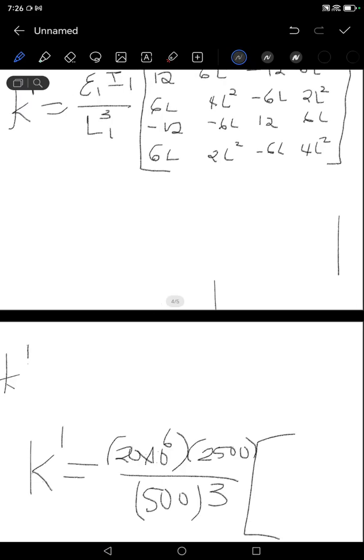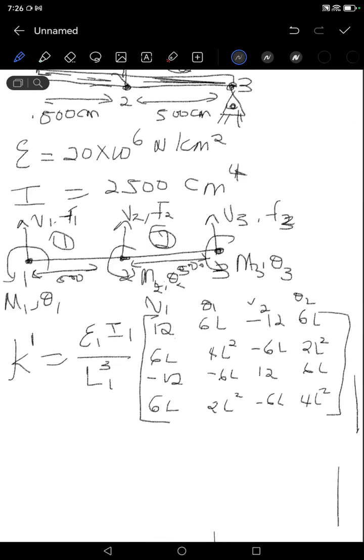We're going to have 12 here, and then it's going to be 6 multiplied by 500, minus 12, 6 multiplied by 500. So 6 times 500 is going to be 3,000. Everywhere there's L, we're going to substitute with the 500.